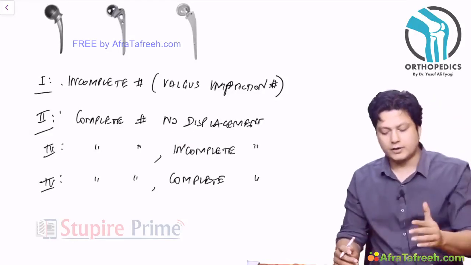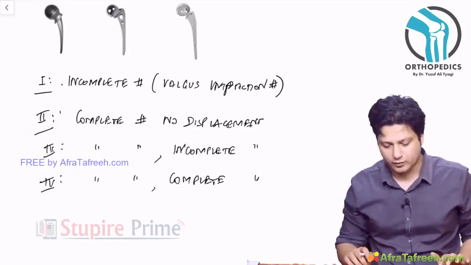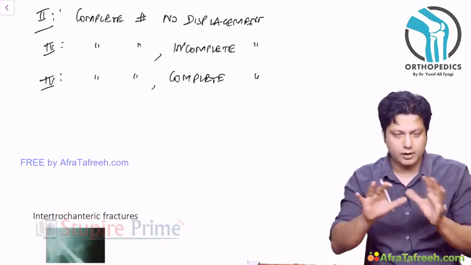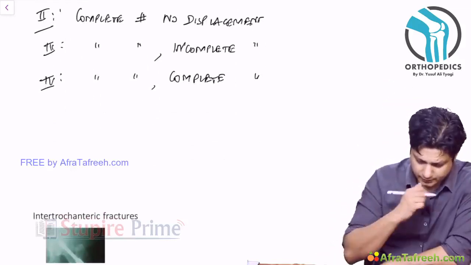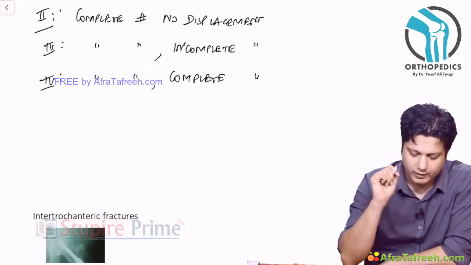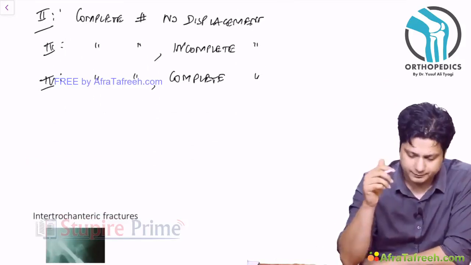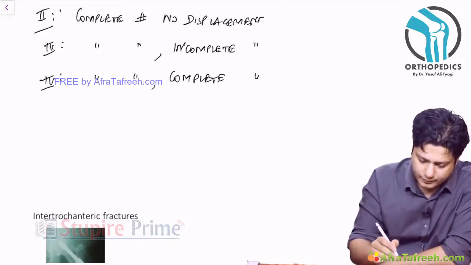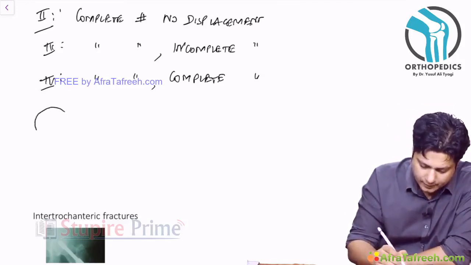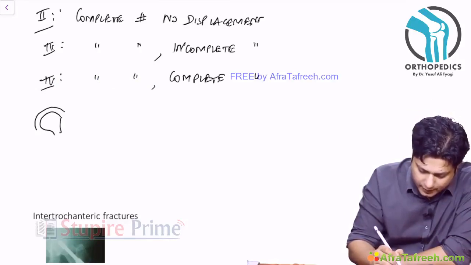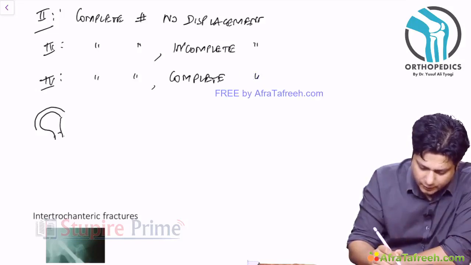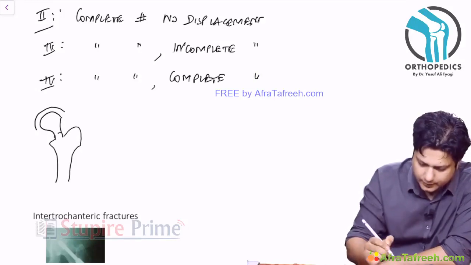And how these different types of fracture lines have an impact on the trabecular arrangement, this is what we are about to study. You see, what will happen in case of type 1: if this is the acetabulum and this is the head of the femur, after an incomplete fracture there will be a valgus kind of impaction with the fracture neck of femur, and this is the greater trochanter, lesser trochanter.